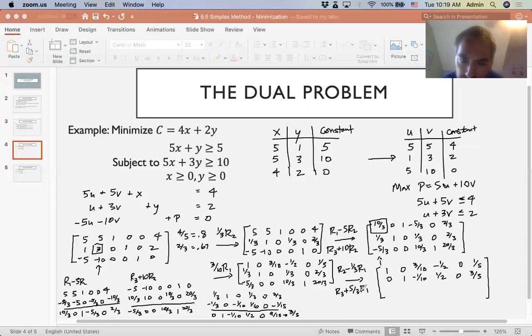And then row 3 plus 5/3 row 1. So here's row 3, and 5/3 times row 1: 5/3, 0, 1/2. 5/3 times negative 1/2 is negative 5/6, 0, and 5/3 times 1/5 is 1/3.